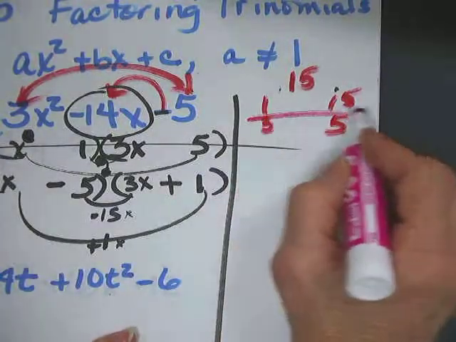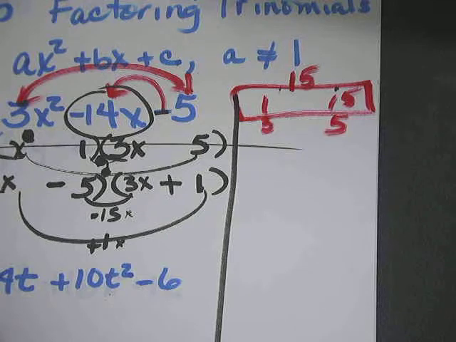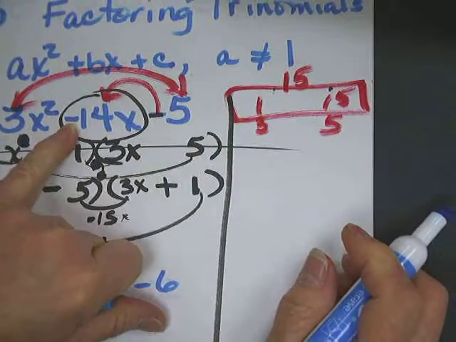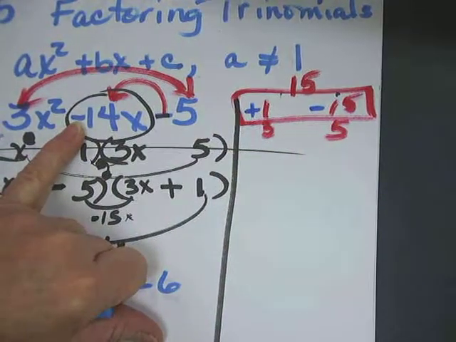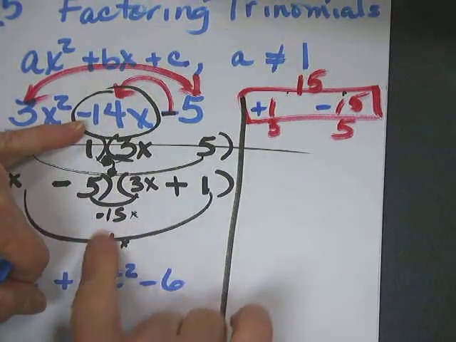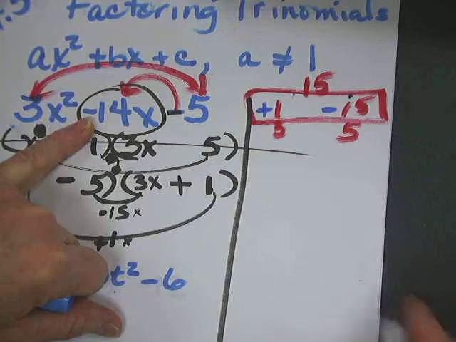The ones that subtract to give you negative 14 would be these two. Kind of hard to see, isn't it? Okay. So you would say to get a negative 14, I would need a positive 1 and a negative 15. Kind of like what we put down here.